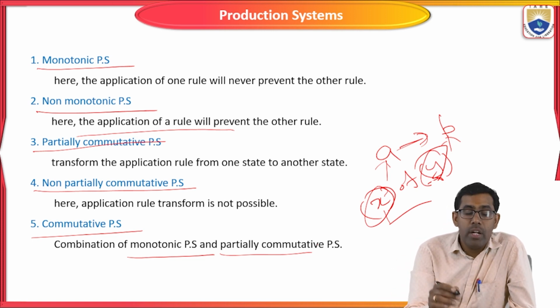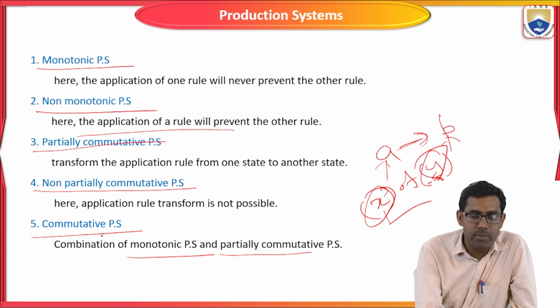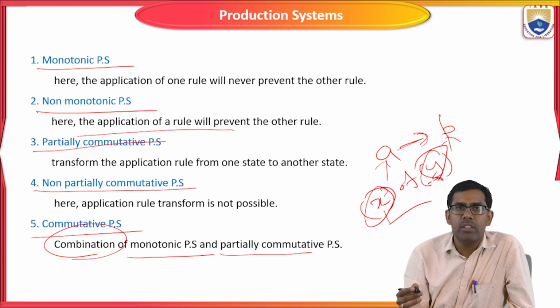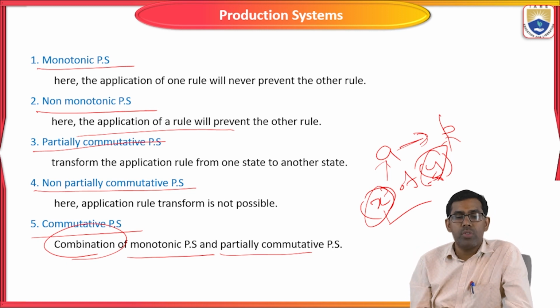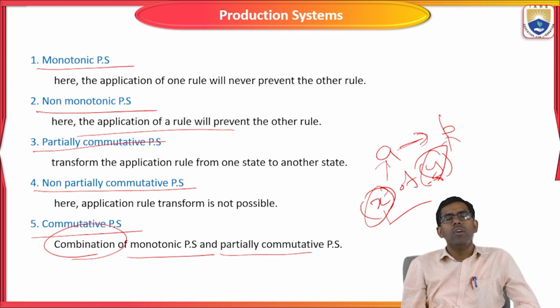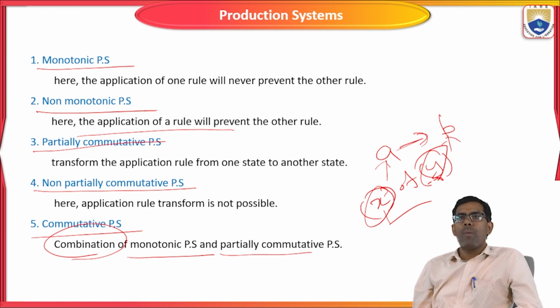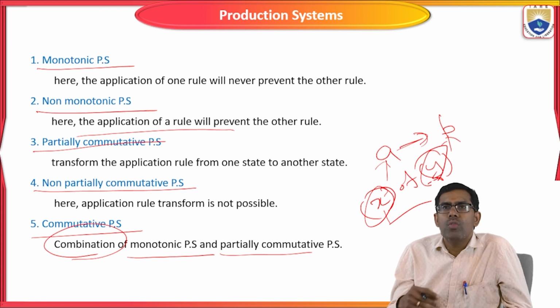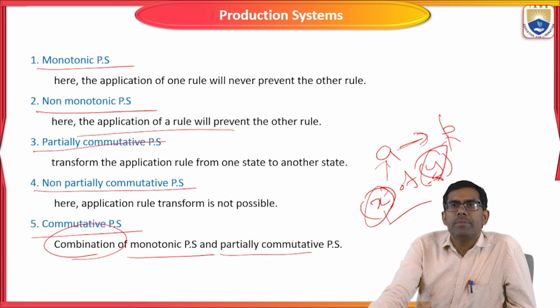So what is the commutative production system? The important point is that it is the combination of monotonic production system and partially commutative production system. These are the various types of production systems if you are going for searching techniques in artificial intelligence, for solving certain sets of problems. These are specific rules that give a specific structure to the searching process.